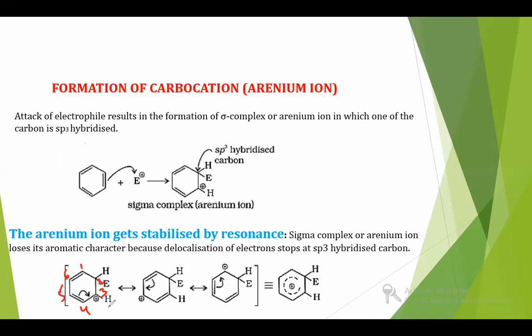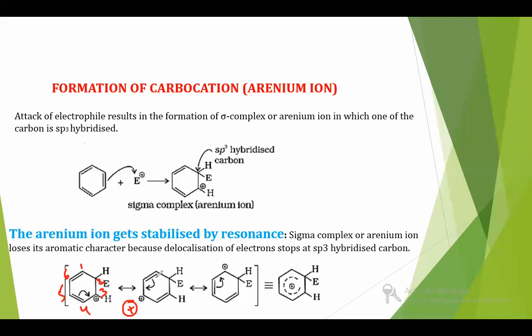This is carbon 1. The electron shifts from 4-5 to 4-3. Then the electron density on the 5th carbon decreases, so we get a positive charge there. Delocalization then takes place, stabilized by resonance.